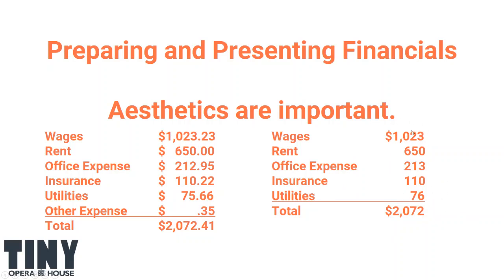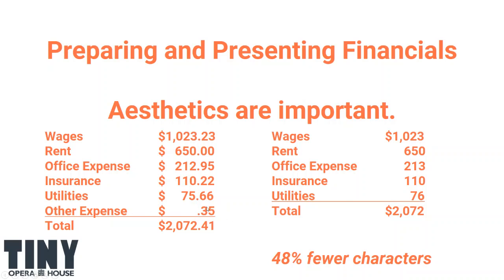So it's going to be a lot easier for people to understand the numbers you're conveying, and you accomplish that sometimes just by thinking about the aesthetics of how your financial statements look. In this case, we're able to save almost 50% of characters just by getting rid of decimals. Getting rid of things like 35 cents in other is never going to help anyone make a decision.